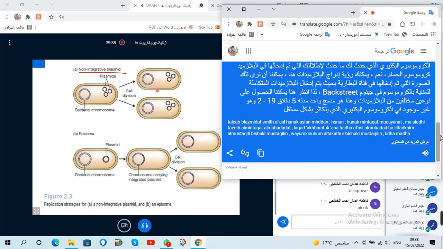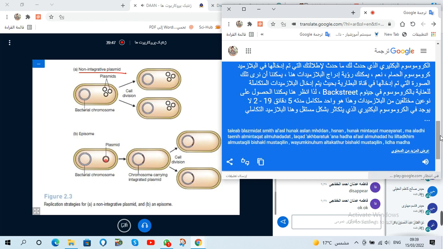And here is integrative plasmids, which integrate in the bacterial chromosomes.